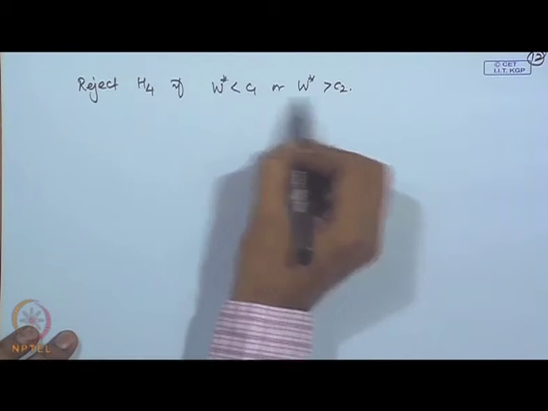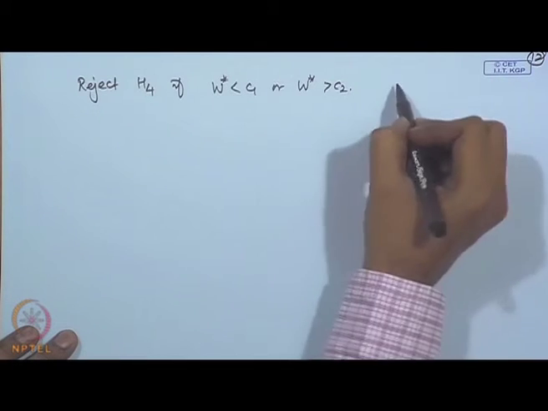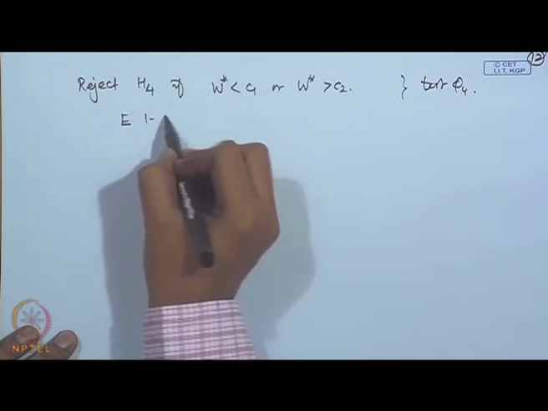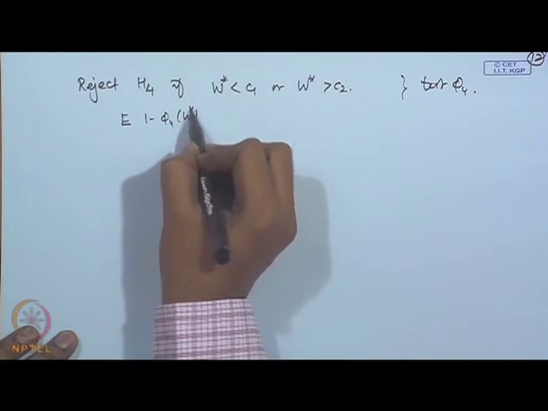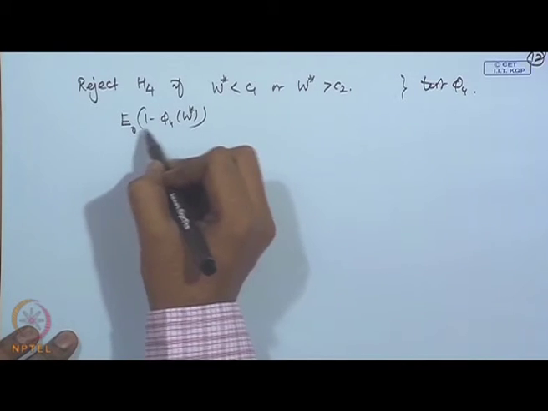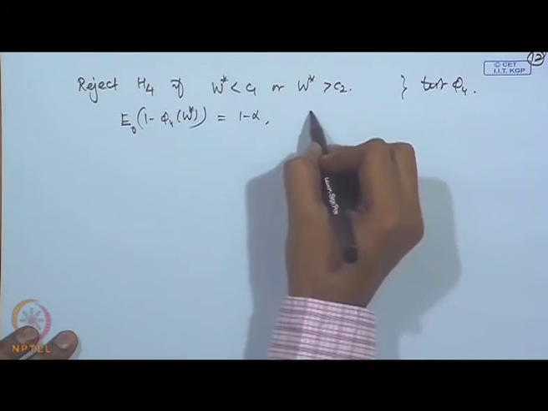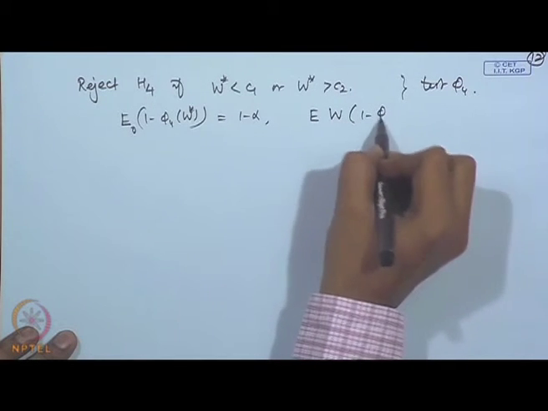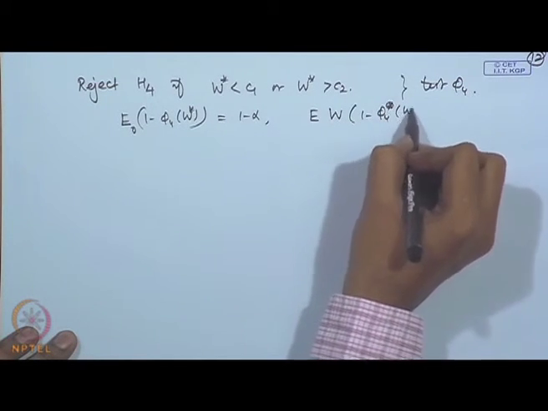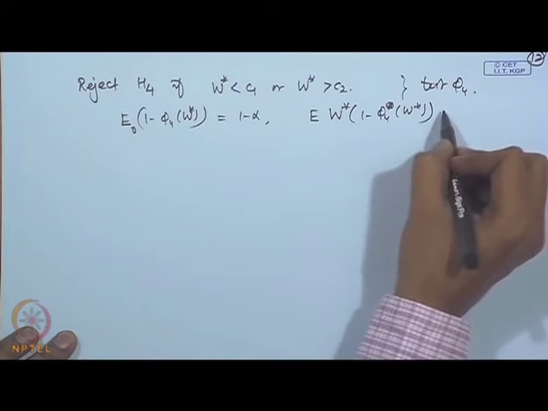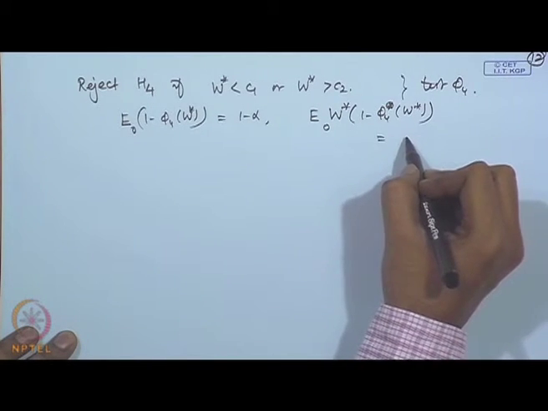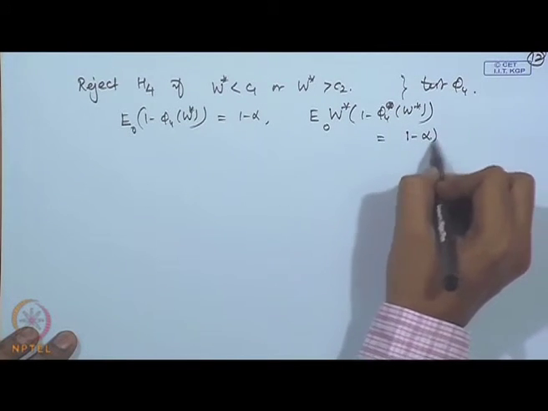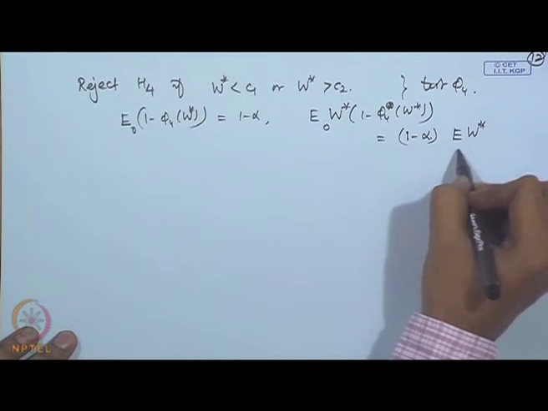Now, to determine C1 and C2, the conditions are, let me call this test, say, phi 4, then you have expectation of 1 minus phi 4 of W star at theta is equal to 0, that is equal to 1 minus alpha, and expectation of W star times (1 minus phi 4 of W star) is equal to 1 minus alpha times expectation of W star at 0.